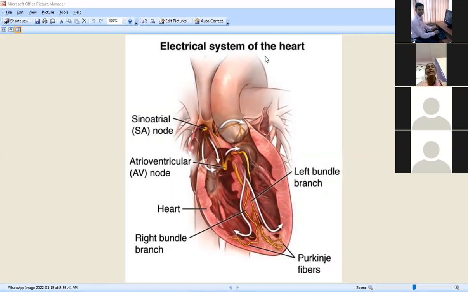Don't write this, I am just explaining it for oxygenated and deoxygenated blood. Arteries carry oxygenated blood except the pulmonary artery, write it like this. Arteries carry oxygenated blood, which is why people show them in red color, except the pulmonary artery. While veins carry deoxygenated blood except the pulmonary vein.